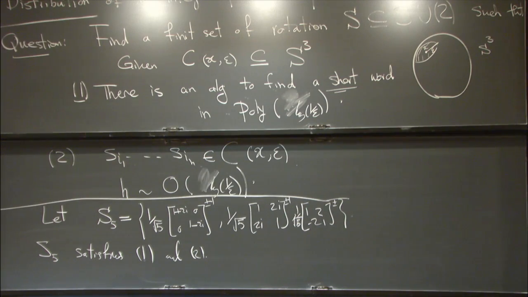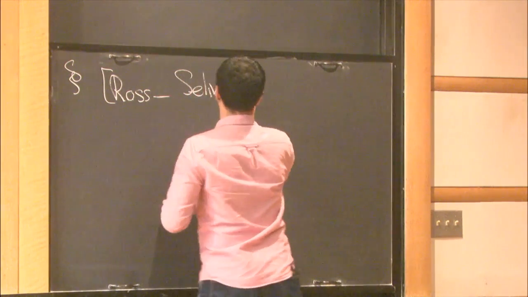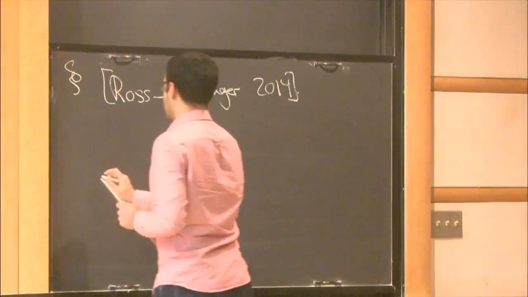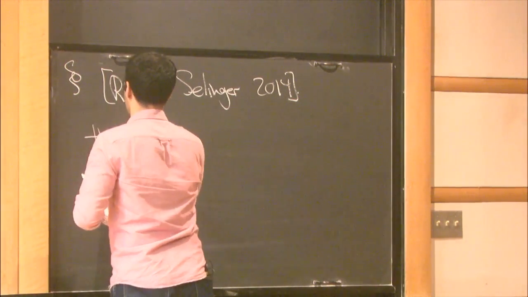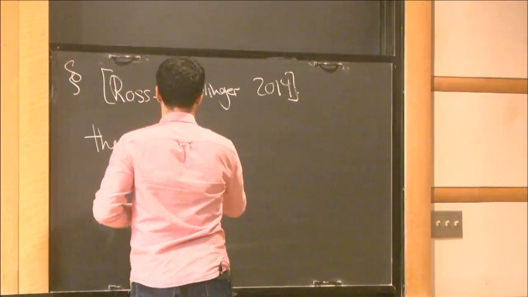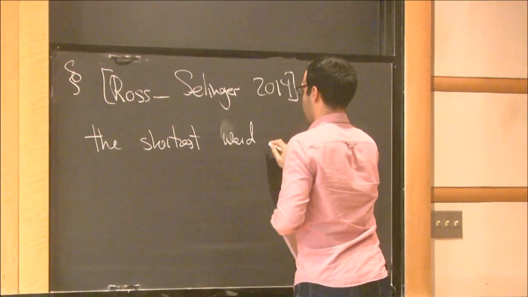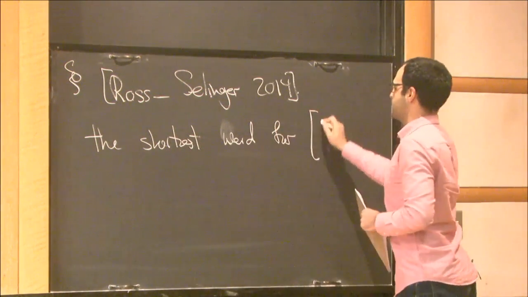So in fact, Ross and Selinger in 2014 developed an algorithm that returns the shortest word for diagonal matrices.